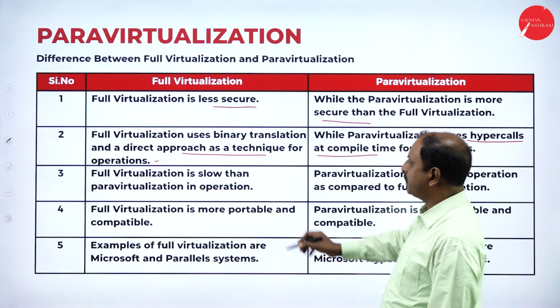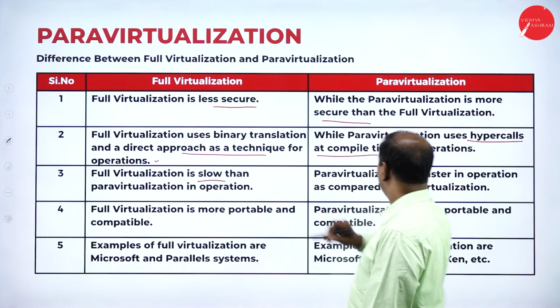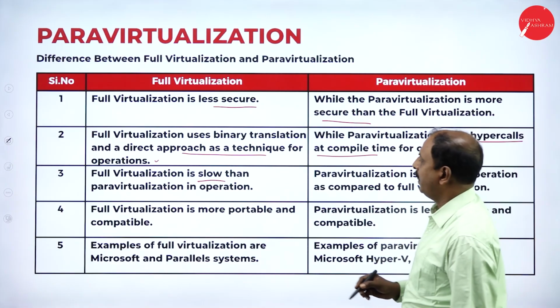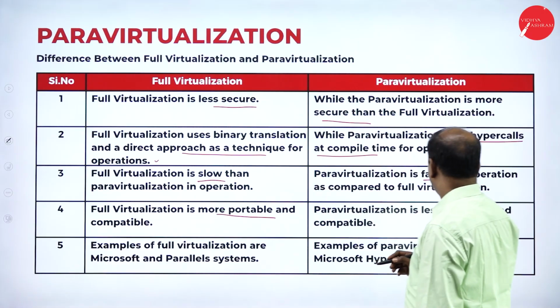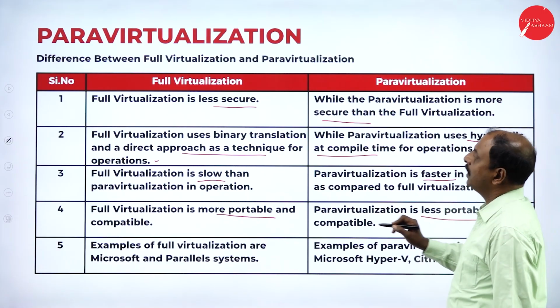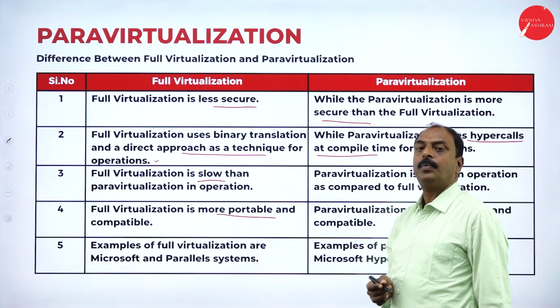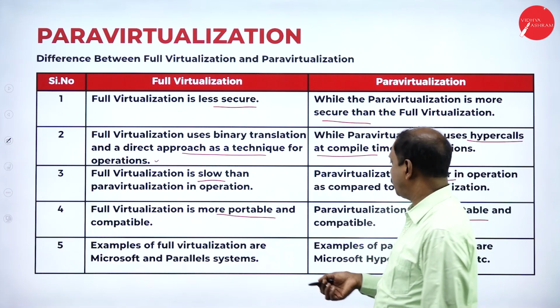Full virtualization is slow and para virtualization is faster. Next, full virtualization is more portable and compatible, and para virtualization is less portable because it is only partially isolated from the virtual machines.